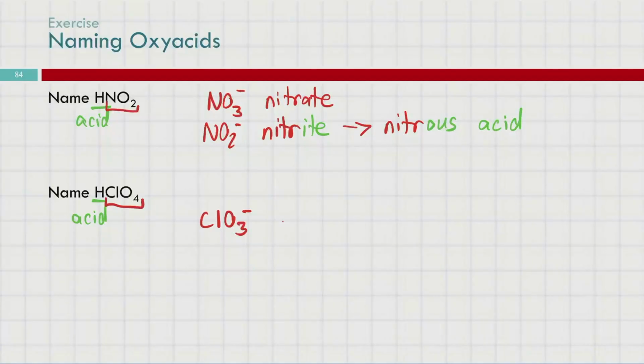ClO3 minus would be our chlorate. And rather than taking an oxygen off, we've added an oxygen. So we've got ClO4 minus. And when we add one to our ate form, we have to add the prefix per. Per, like in hyper. So this is perchlorate.